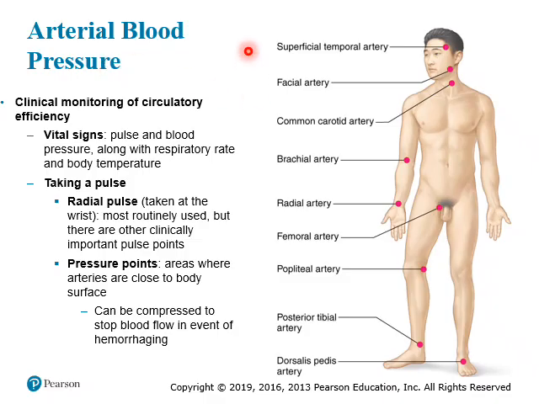So the arterial blood pressure can be a source of clinical monitoring of circulatory efficiency. The vital signs taken when you get to the doctor are the pulse and the blood pressure, along with the respiratory rate and body temperature.